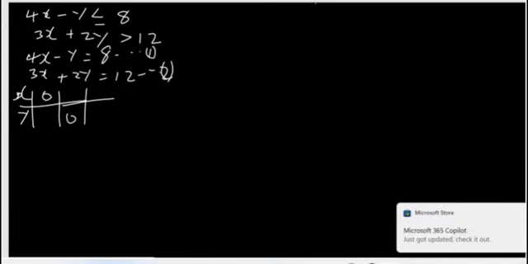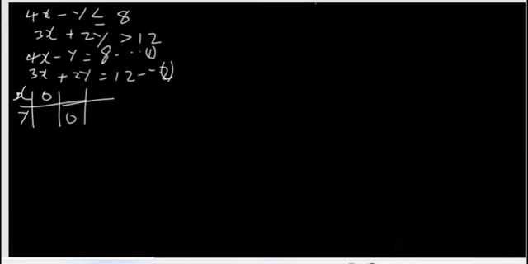From the parent equation, I'll make x 0. For the first equation, I'm going to have 4 into 0 minus y is equal to 8. This means that y is equal to minus 8. So when x is 0, y is minus 8.